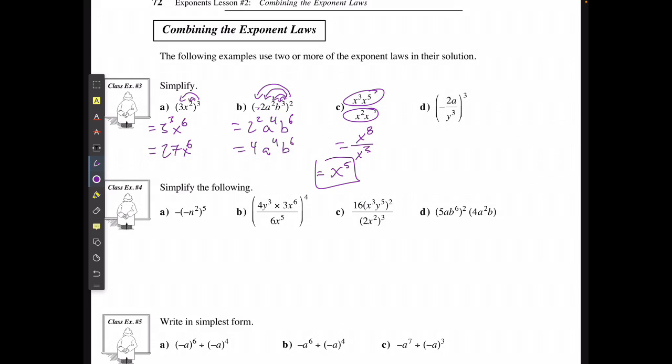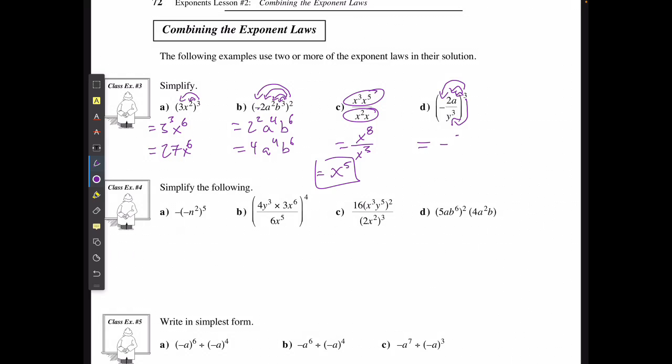When I get to example D, once again, if I have the brackets and exponent outside, then that power of 3 is going to apply to the negative, to the 2, to the a, and to the y to the 3. So if I'm taking a negative and multiplying it an odd number of times, it's still negative.